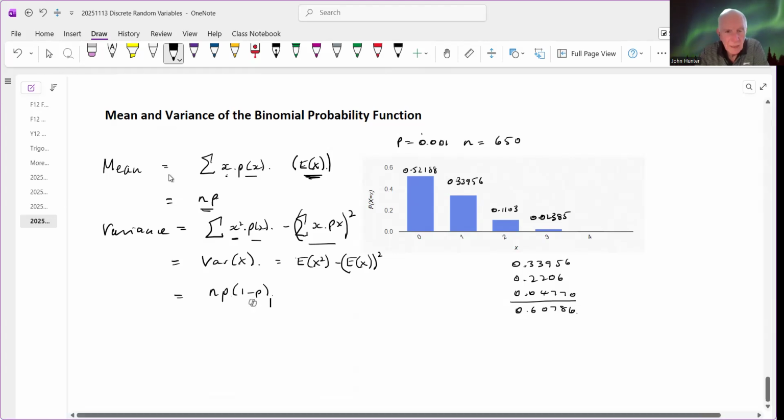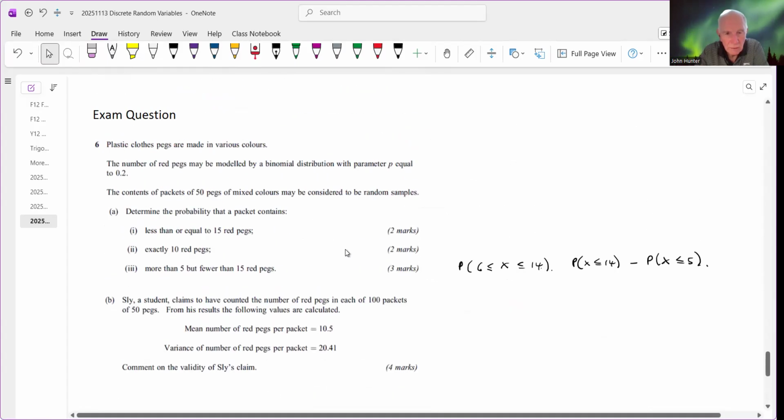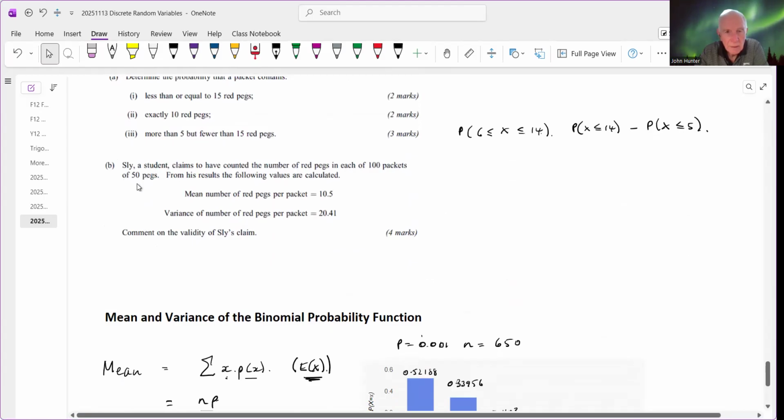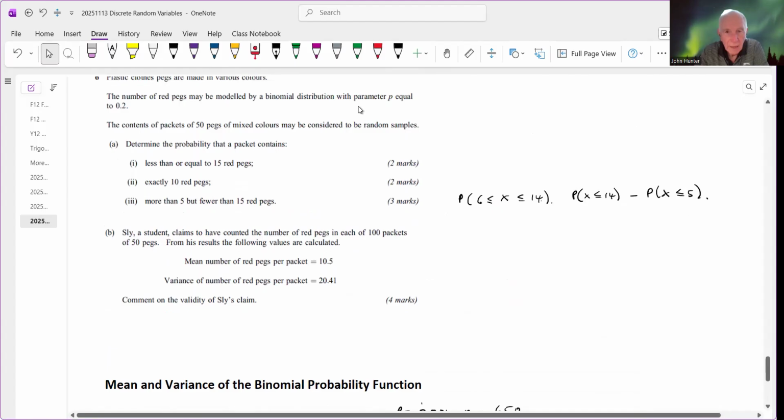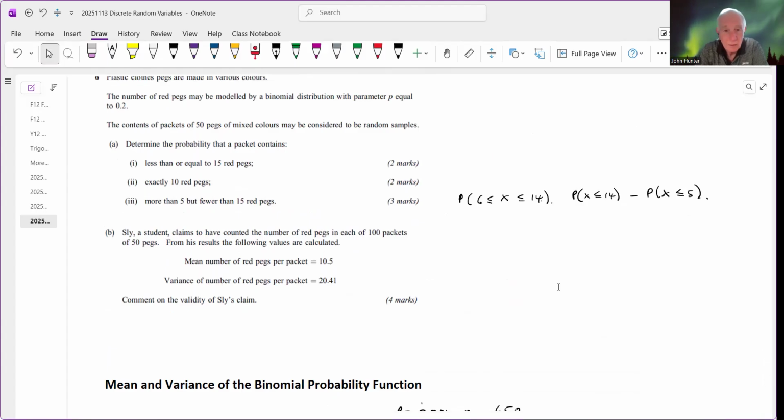So if the mean is n times p, just roll back to here. We've got a parameter 0.2. We're taking 50 pegs. 50 times 0.2 is going to be 10. So the theoretical mean is 10.